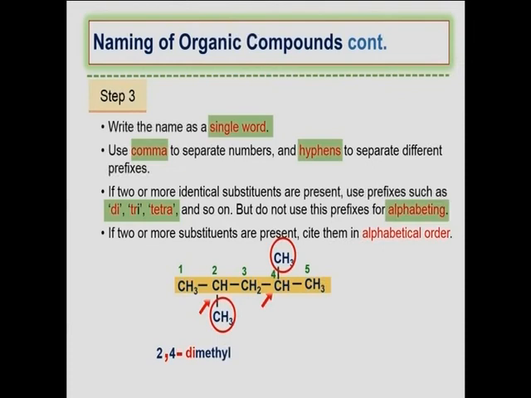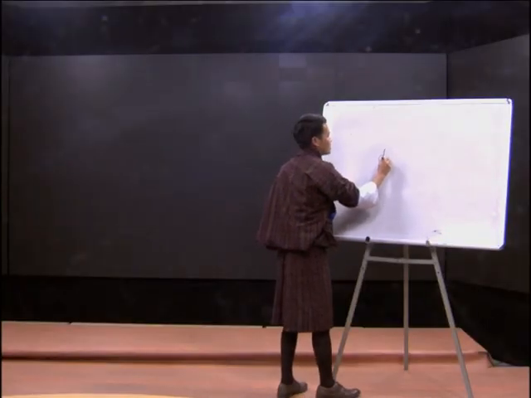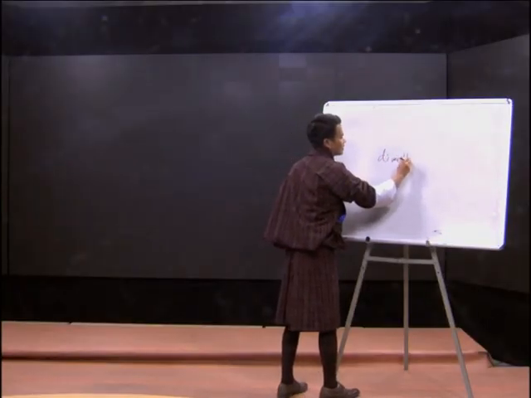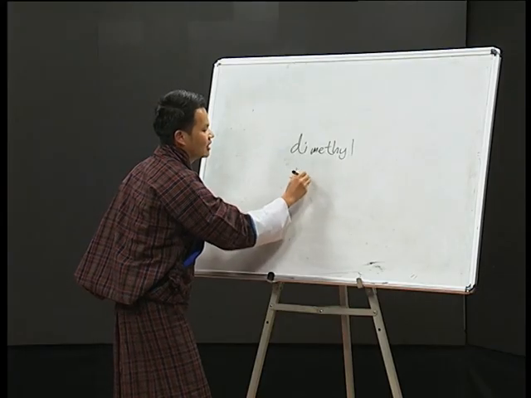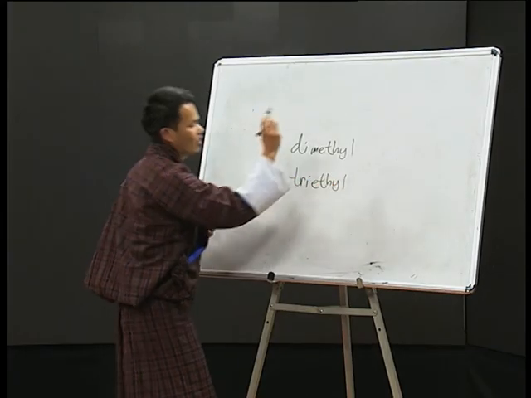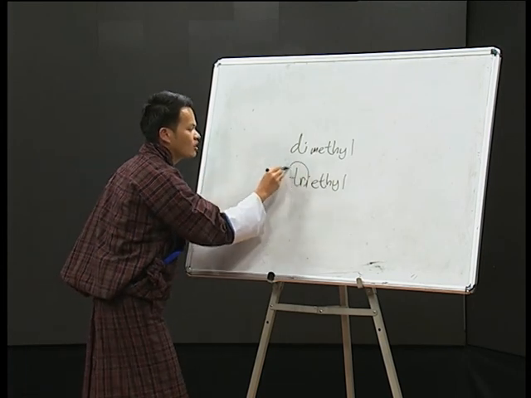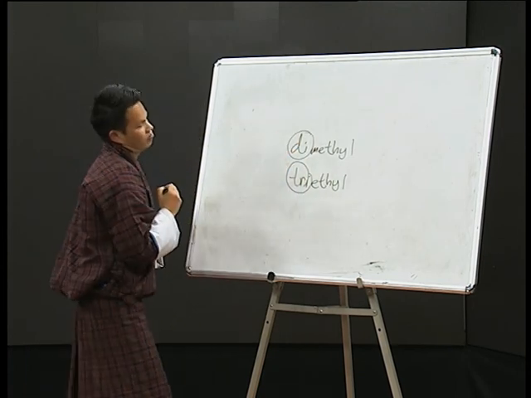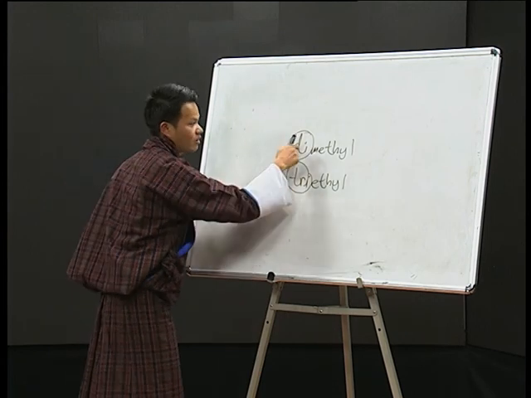If there are two or more identical prefixes, then you cannot use di, tri, tetra for alphabeting. For example, you have dimethyl and triethyl. When alphabeting, you should not use these prefixes.